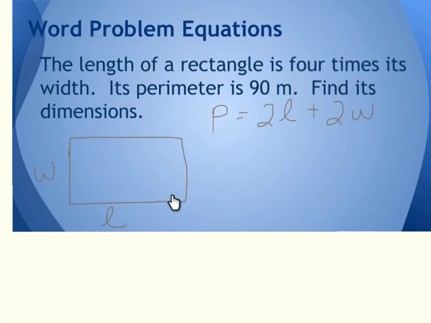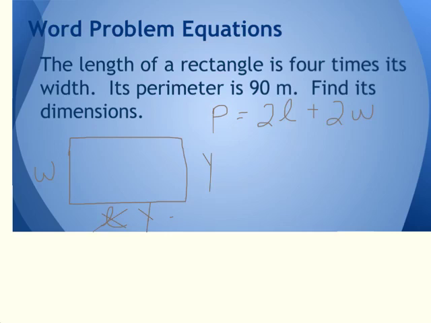The problem tells us that the length, this side here, is 4 times this. So we can change this L to a 4W, because 4W just means 4 times whatever the measurement W is. Obviously the rectangle is not drawn to scale.